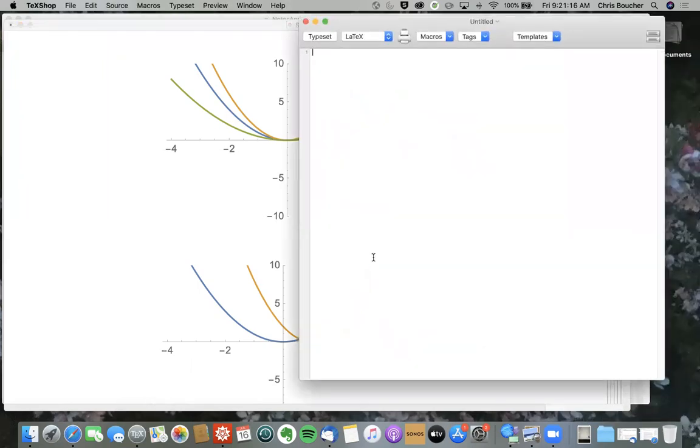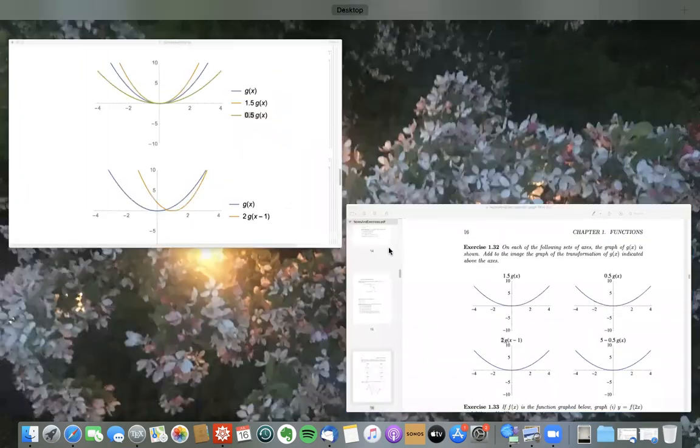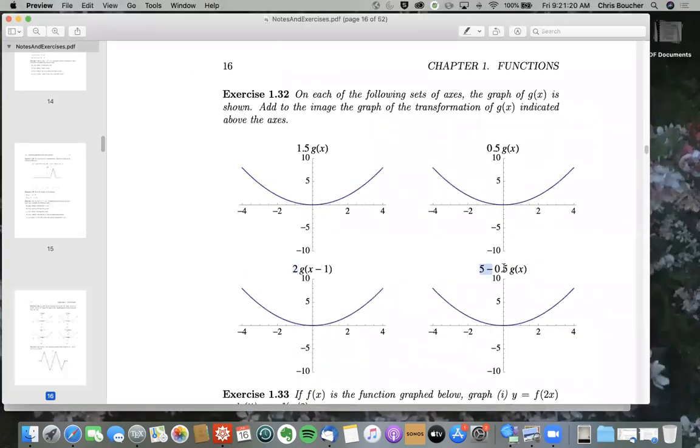And finally here, again, I have different transformations going on. Actually, 3 different transformations going on. First, I multiply by 0.5. Well, we talked about that before. That's just going to compress it down towards the x-axis. Then I put a minus sign in front of it.